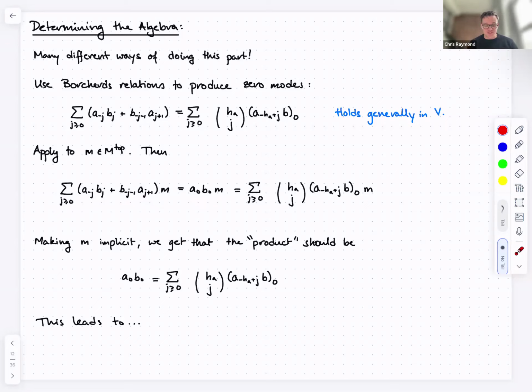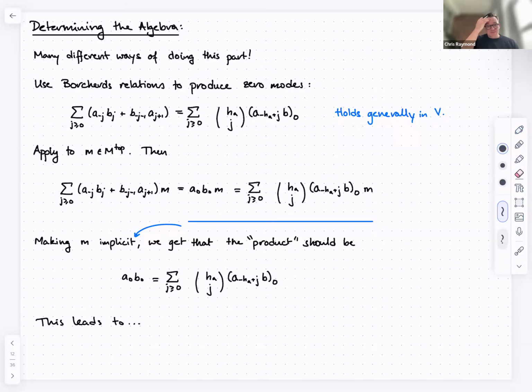Now, on the right-hand side of my expression, what I have is something like this. And this is not something I can simplify, but that's okay. It turns out this is enough. This is essentially what we want, right? So I can take this expression that I have here, and I can make M implicit, right? So these two ideas here are linked.